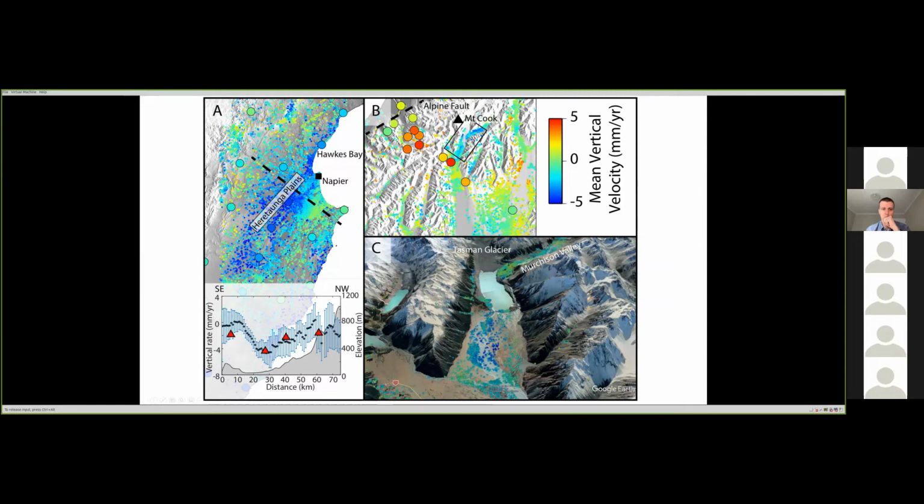But if you look at the GPS, the whole region really should be uplifting. So we've got this problem of competing processes. When we're trying to look at the bulk tectonic motion of New Zealand, we need to try and separate some of these features out, which isn't always trivial.